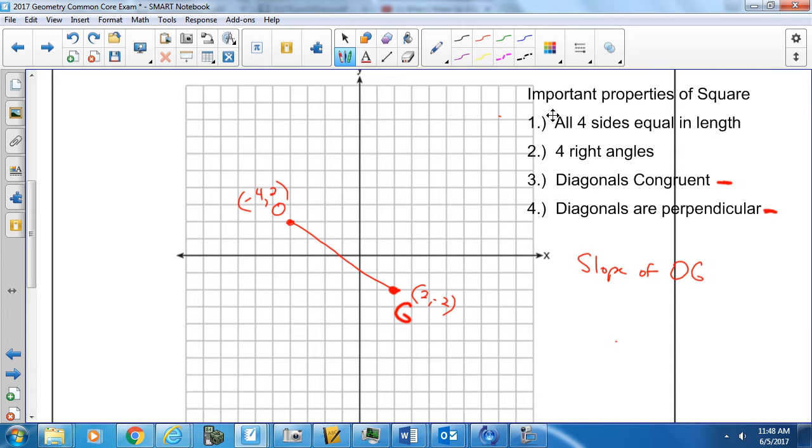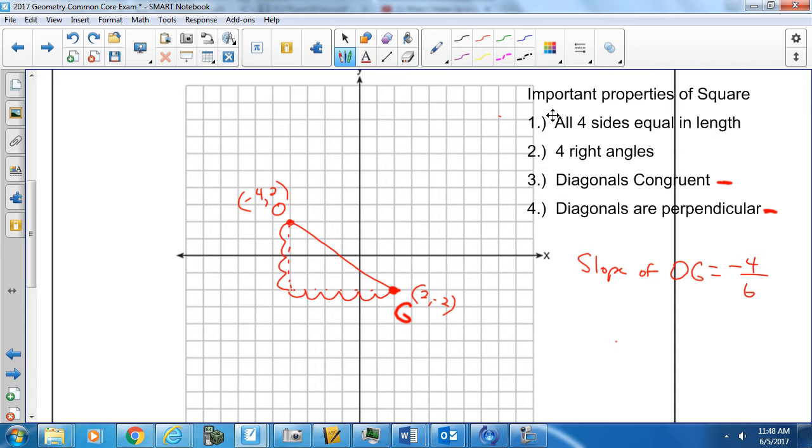All right, so the slope is going to be, remember, rise over run. So I'm just going to count over and down, and it's actually going to be negative because of the fact that it's going down from the left to the right. So this is 1, 2, 3, 4. 1, 2, 3, 4, 5, 6. So our slope of OG is -4 over 6.